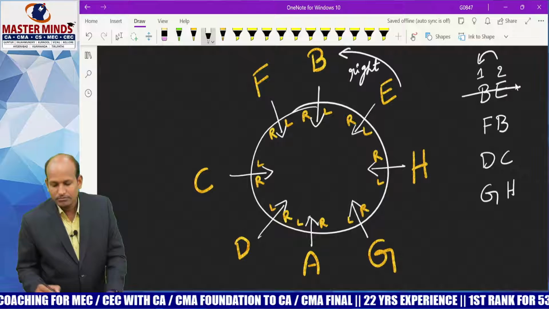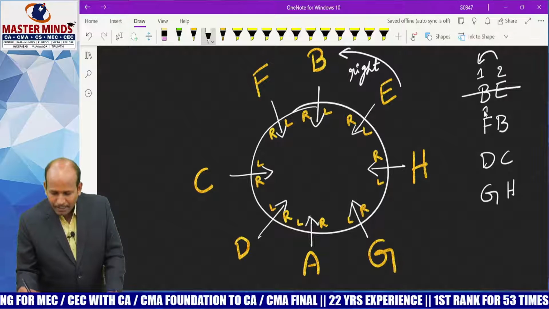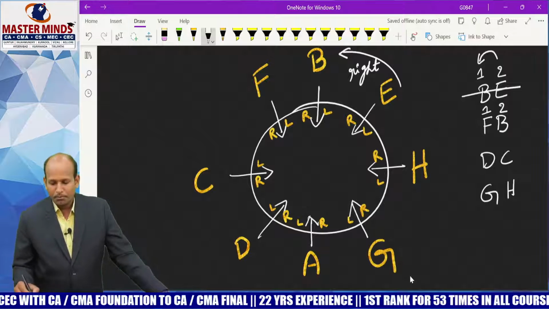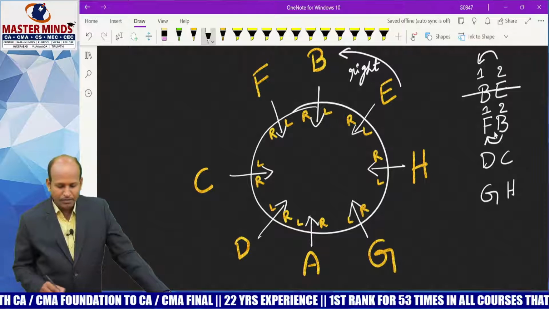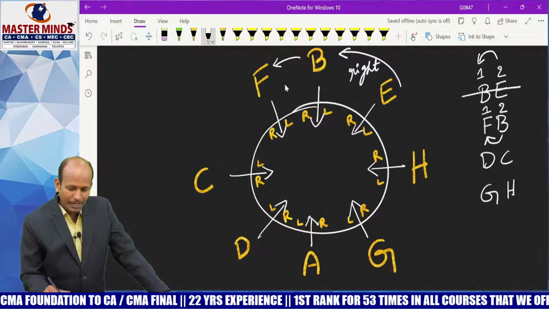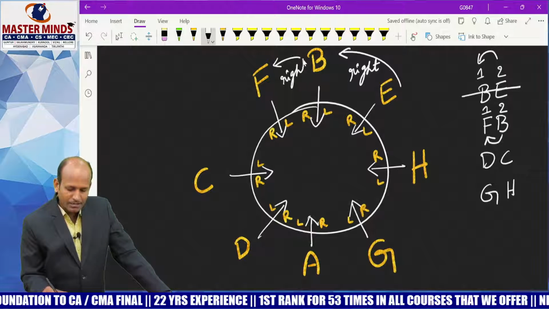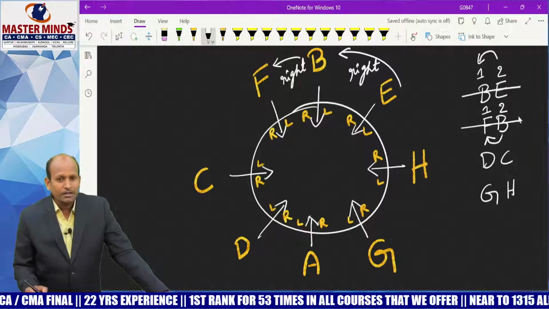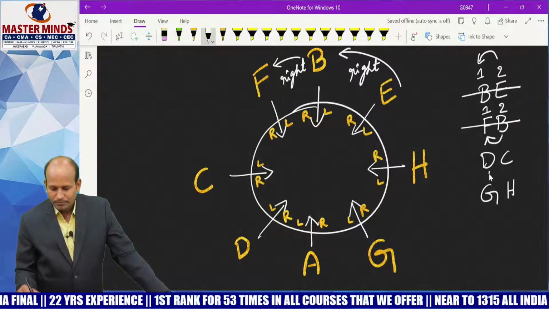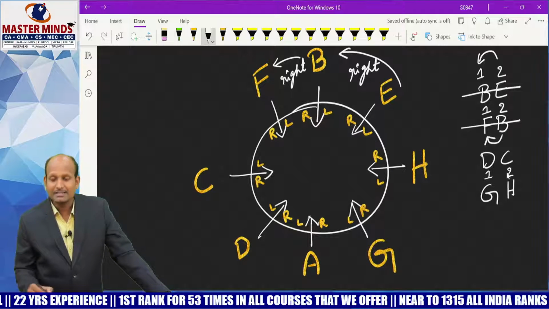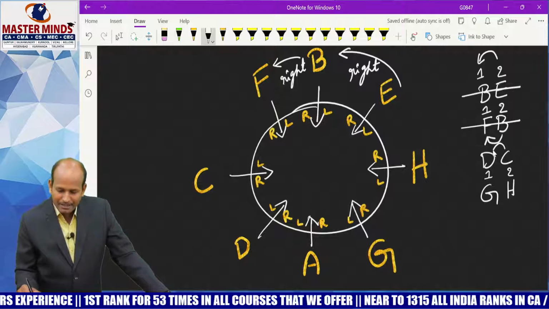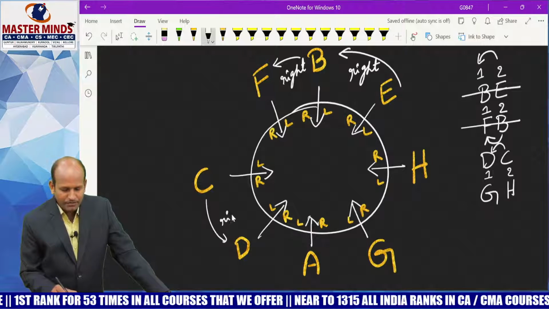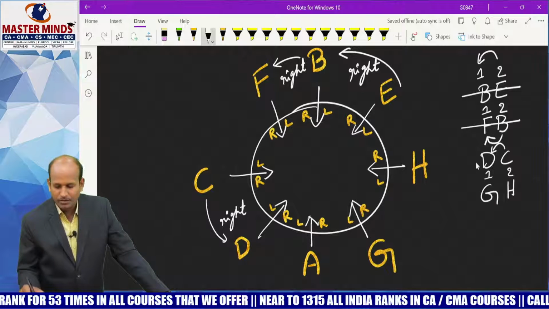So it is wrong. Next, FB, if you take it as an option, F is the first member, B is the second member. F is to the left of B, but F is to the right of B in the sitting arrangement. It is wrong. If you take DC, D is the first member, C is the second member, then D is to the left of C, but D is to the right of C. It is also wrong.